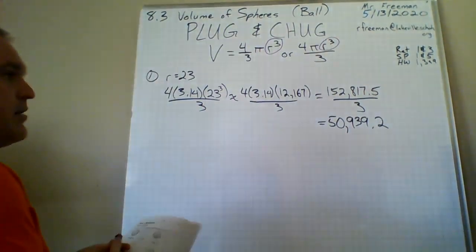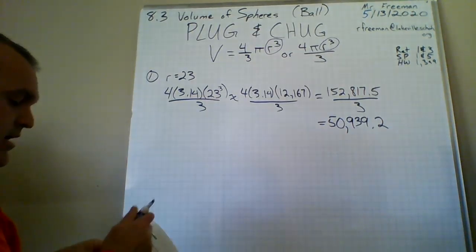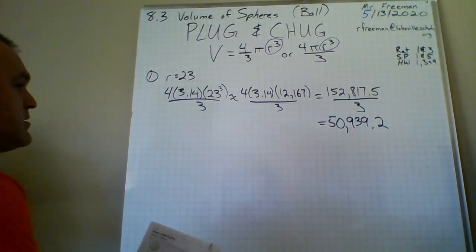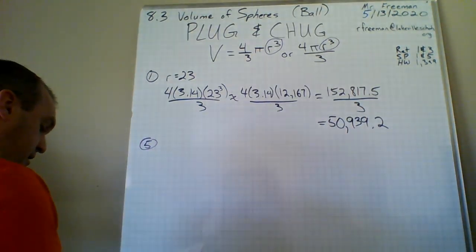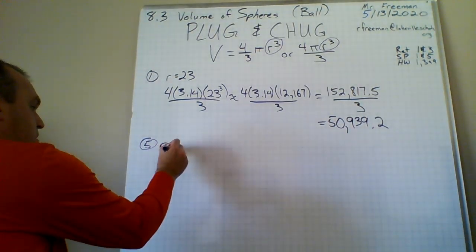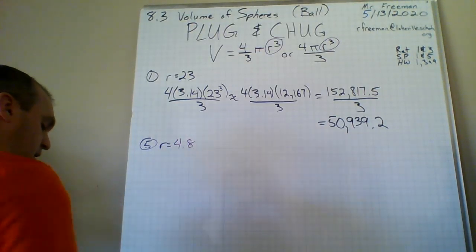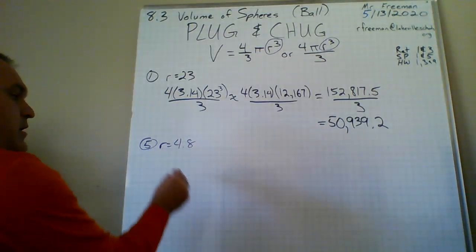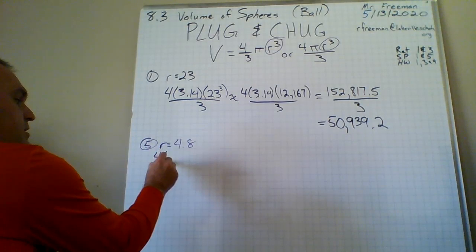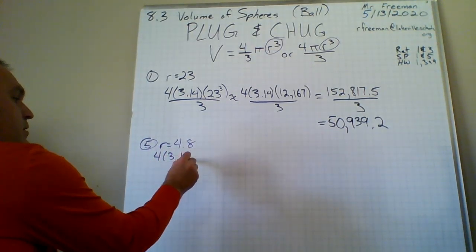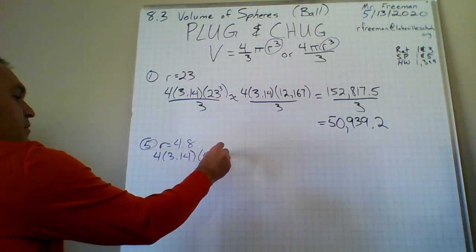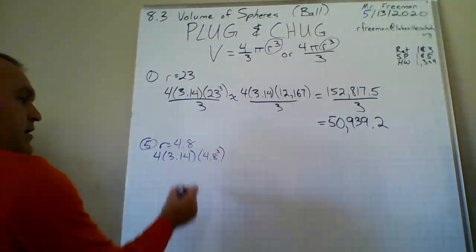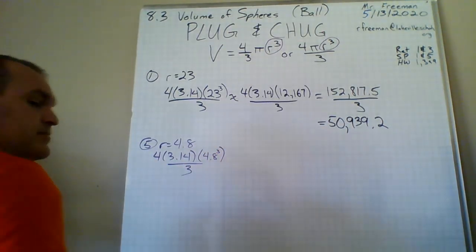We're going to start it just the same way that we did the other ones, because it tells you our radius is 4.8. That's all we need to do the problem. Then we can say 4 times 3.14 times 4.8, but we have to cube the 4.8, and we're going to divide by 3.